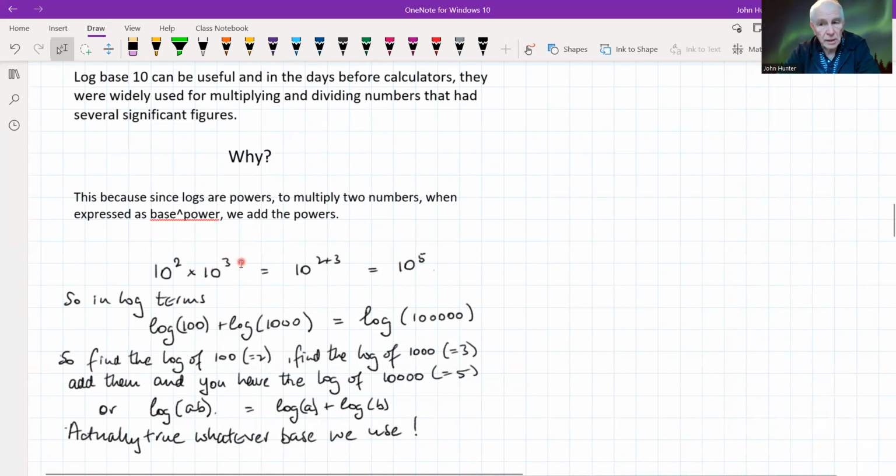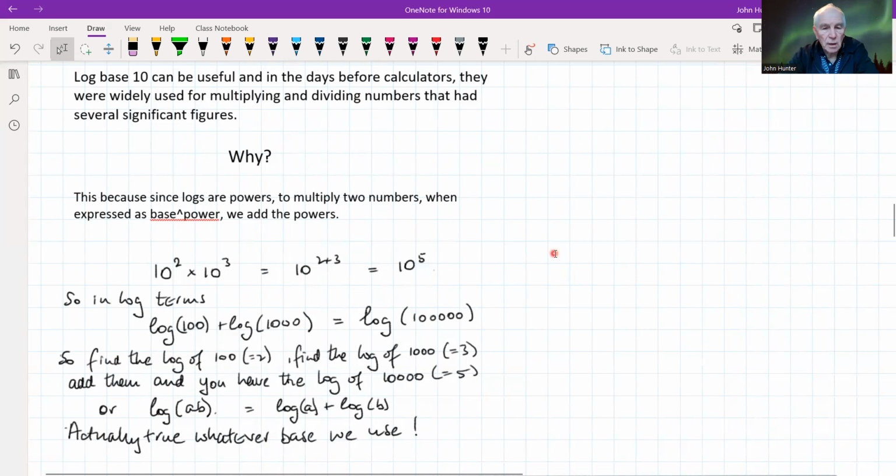We'd add those together, a simple operation, and then we'd look back into our log table or our slide rule, and look up the number that corresponded to that log. So we used tables a lot, and also slide rules, which is another way of doing it, but we'll not go into that now.